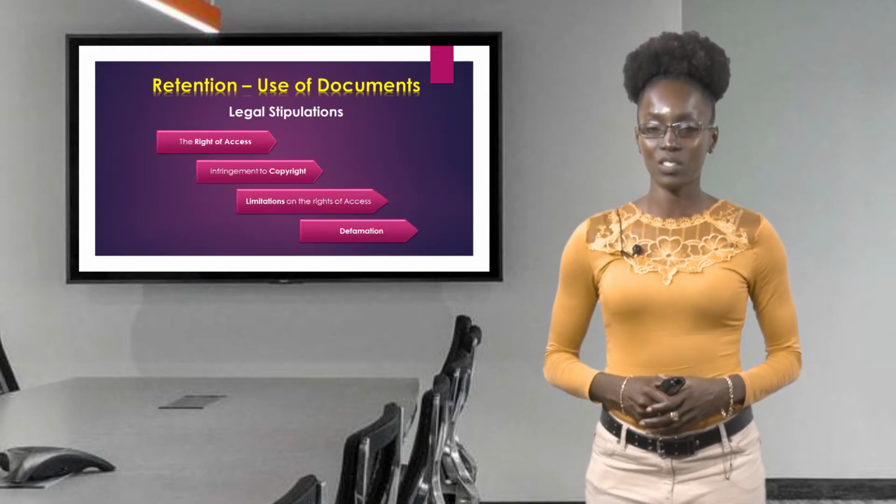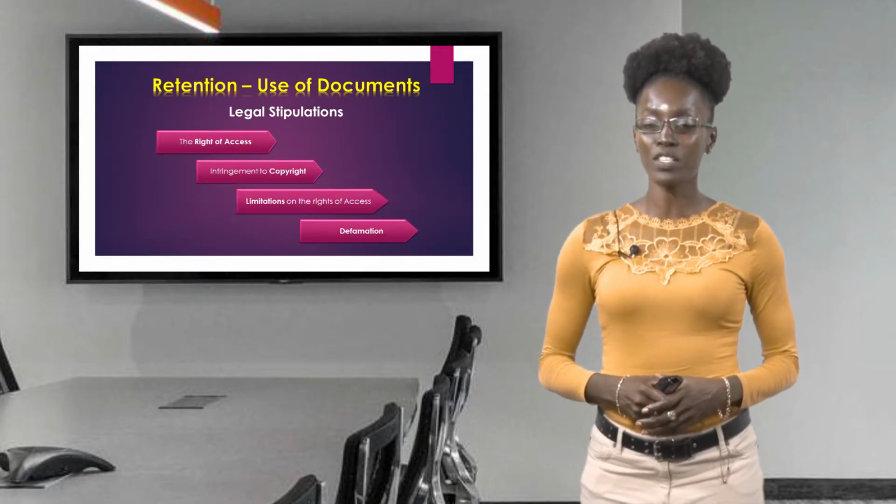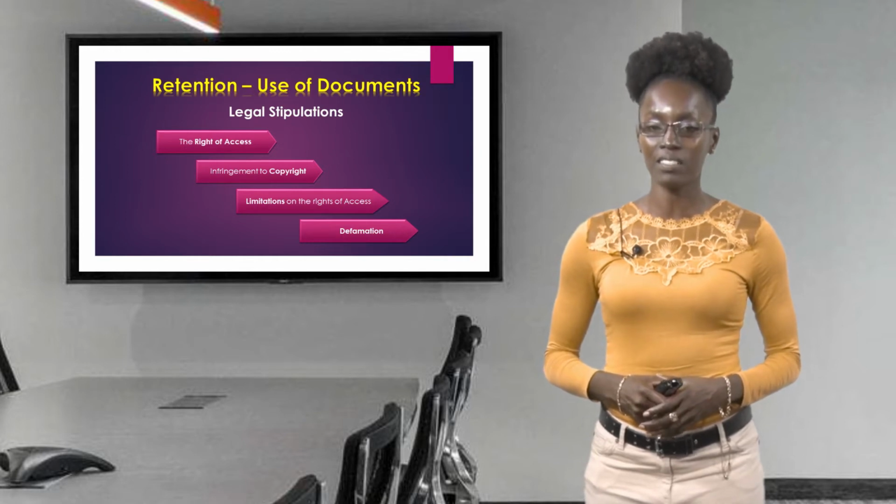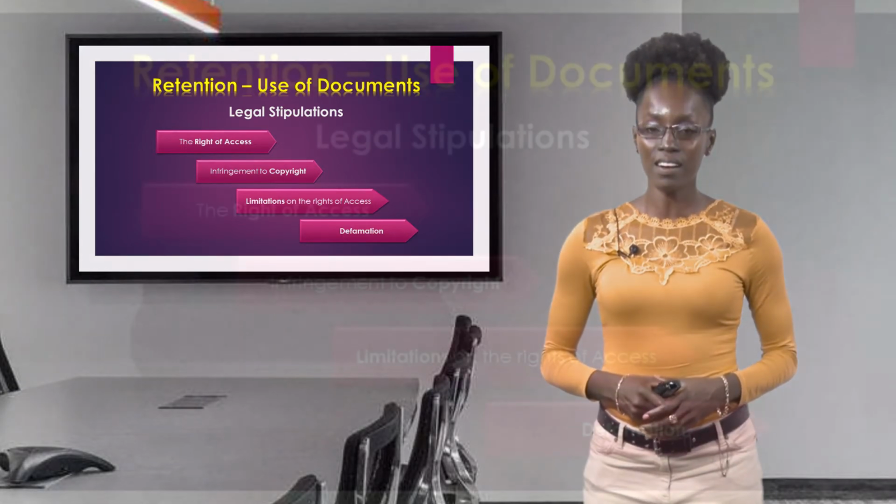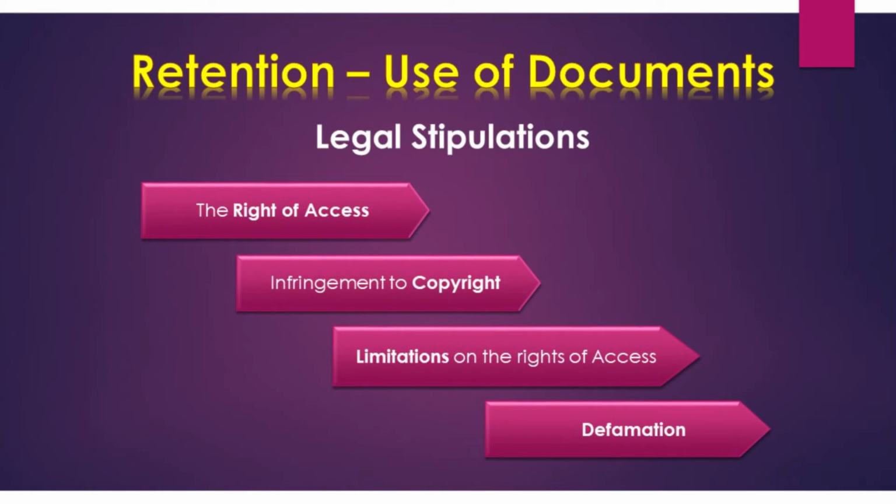In today's lesson, we'll be focused on the first 4 of 7 legal stipulations. These are rights of access, infringement of copyright, limitations on the rights of access, and defamation.